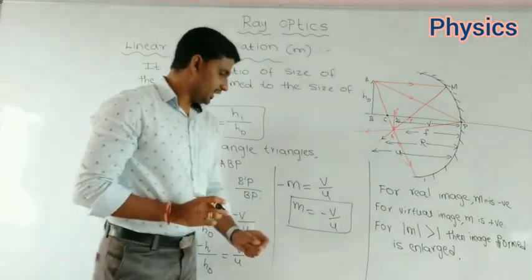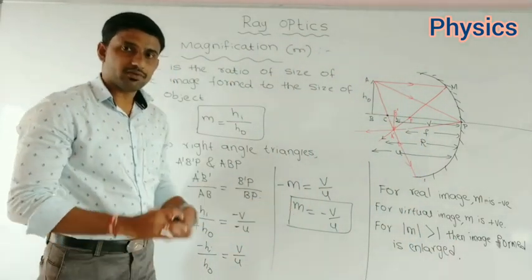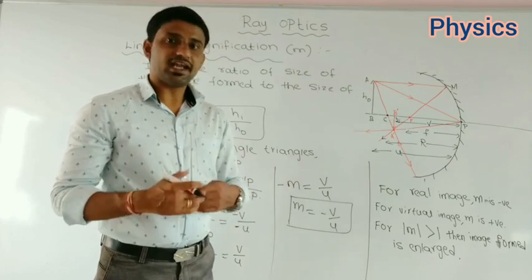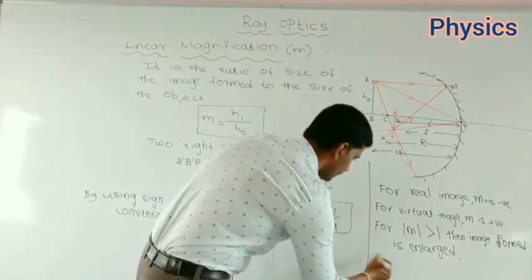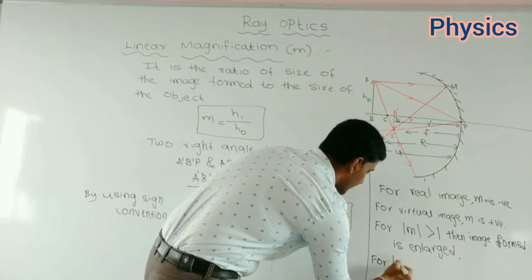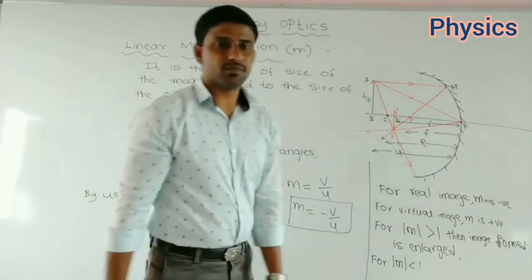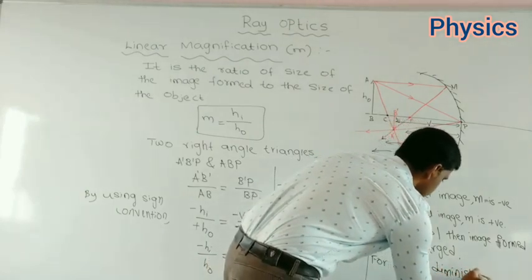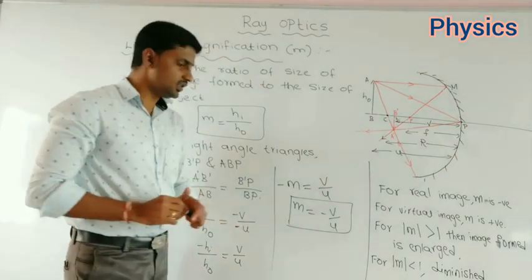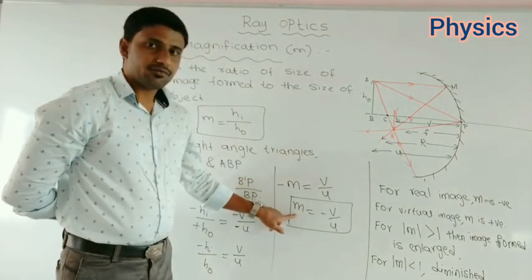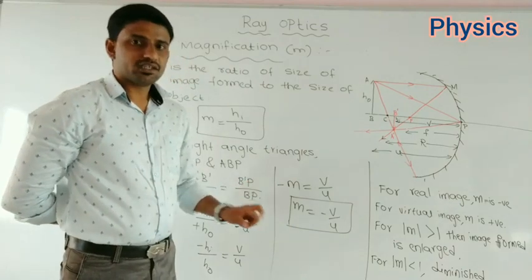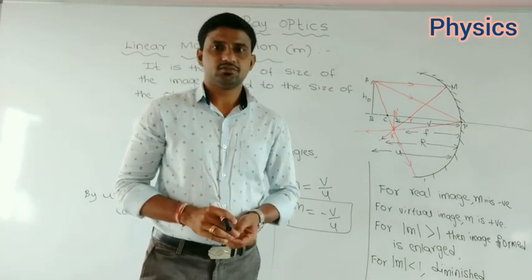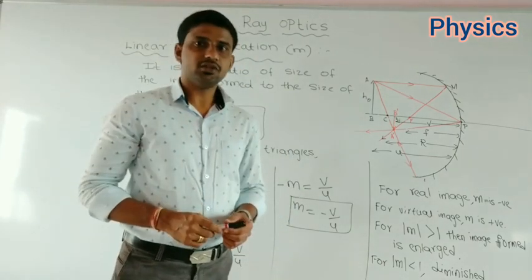Suppose the magnitude of linear magnification is less than 1, then we will get a small, diminished image. That is about the linear magnification of spherical mirrors.